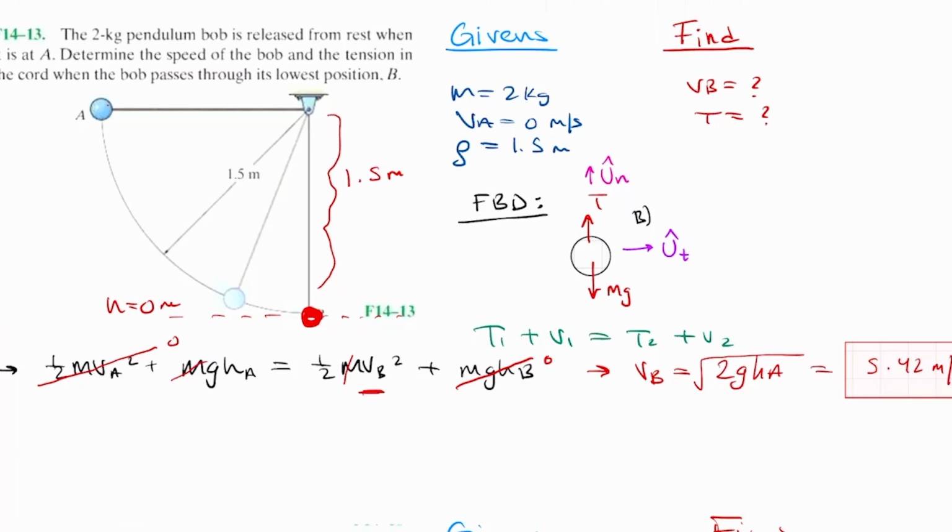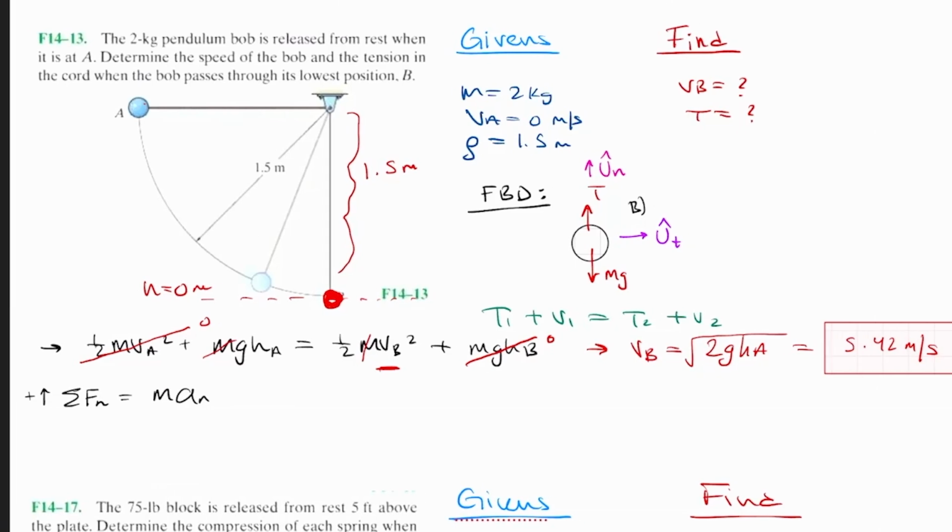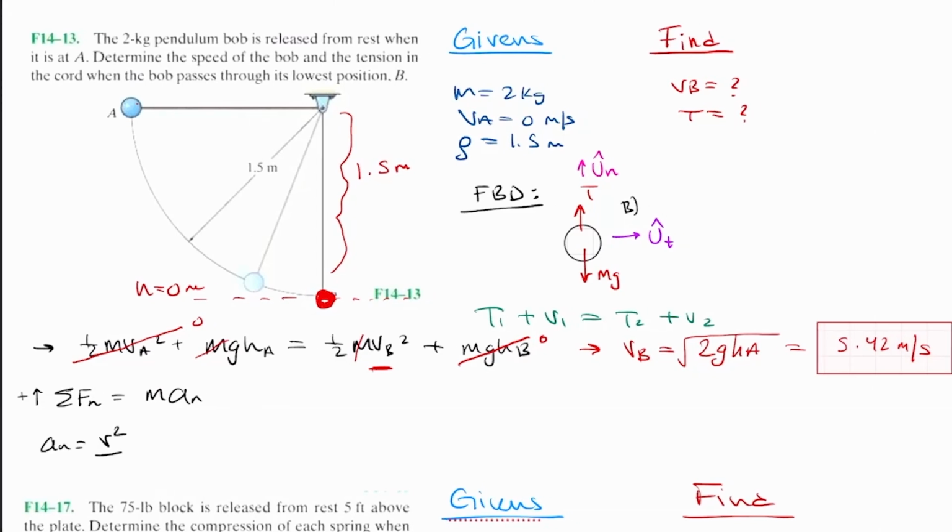Now we'll do the tension. Using kinetics, the summation of forces in the normal direction, taking up as positive, equals mass times acceleration in the normal direction, where an is equal to v squared over rho. The forces in the normal direction give tension minus weight equals mass times v squared divided by rho.